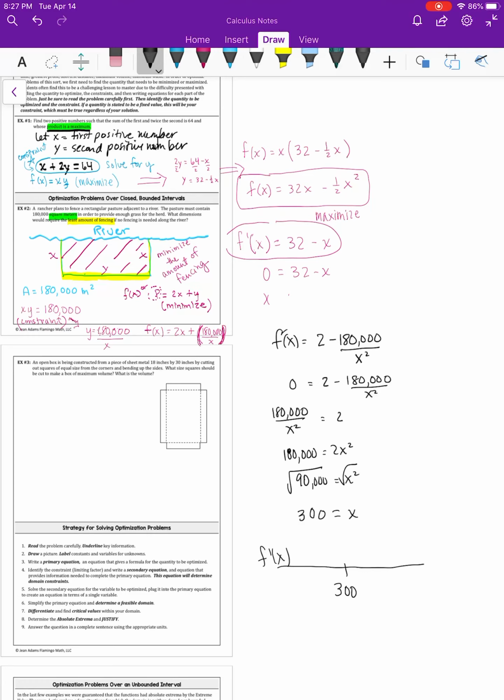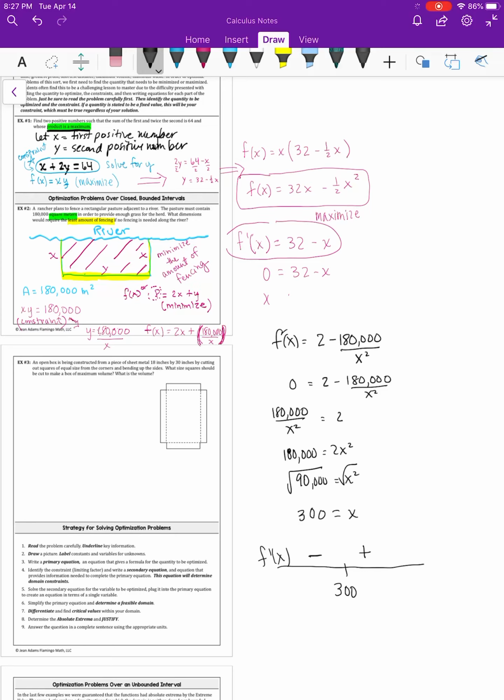Now we're going to make sure it's a minimum. We're going to look at f prime of x. I'm going to pick, let's say, 200. If I put that into my equation on my calculator, 2 minus 180,000 divided by 200 squared, I get a negative value.